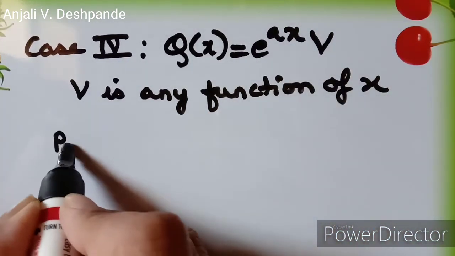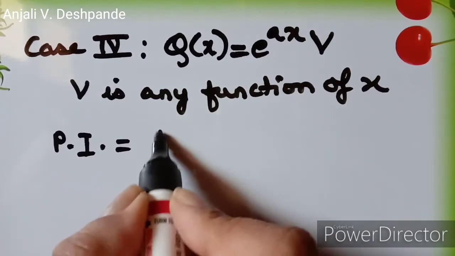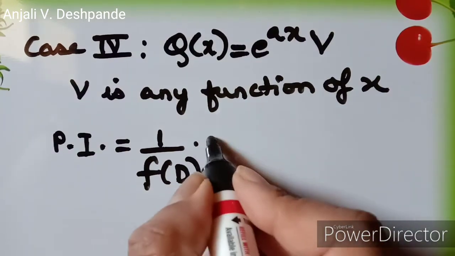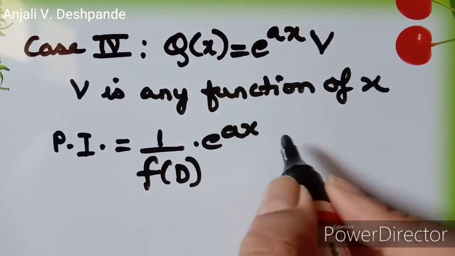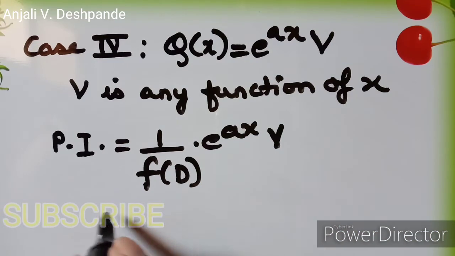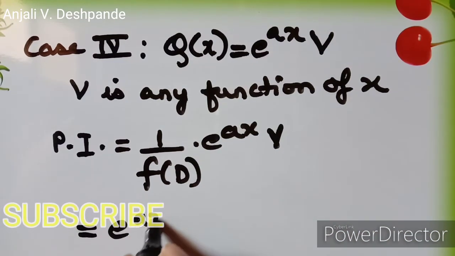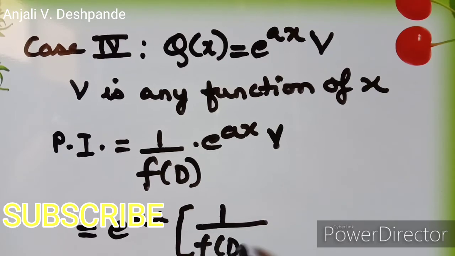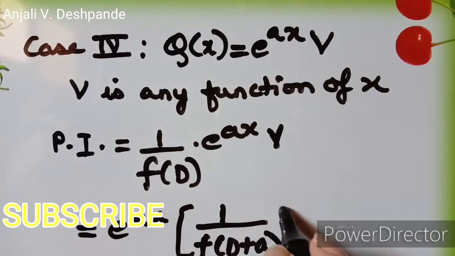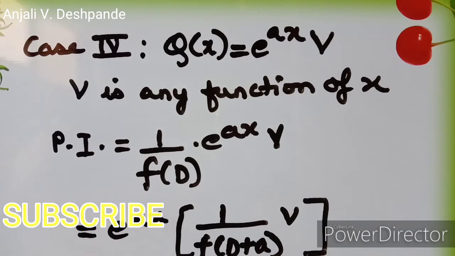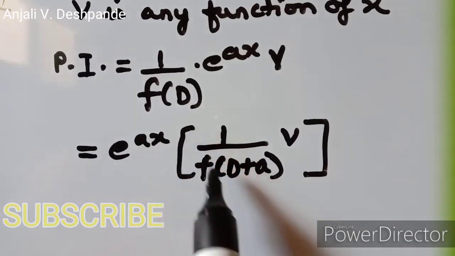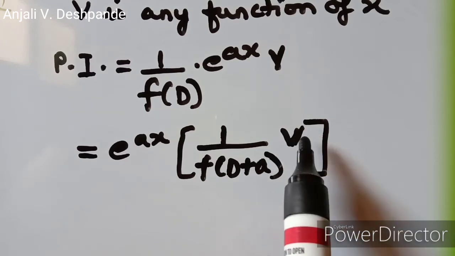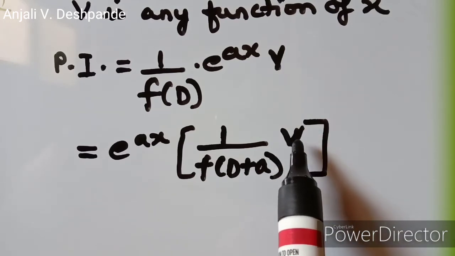So in this case the rule for the PI is 1 upon f(D) e^(ax) V is equal to e^(ax) into bracket 1 upon f(D + a) V. So you have to replace D with D + a, and then depending upon the type of function that is given you will have to use that particular rule.